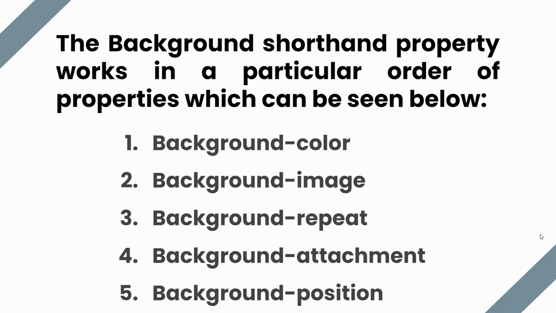So if there are cases whereby a property here is not needed, it's not an issue. Just follow the particular order and CSS would make the changes you want the way you want it. So that's how the background shorthand works.